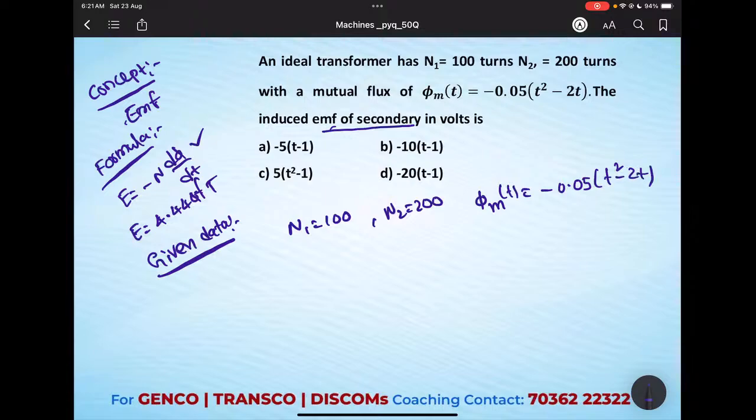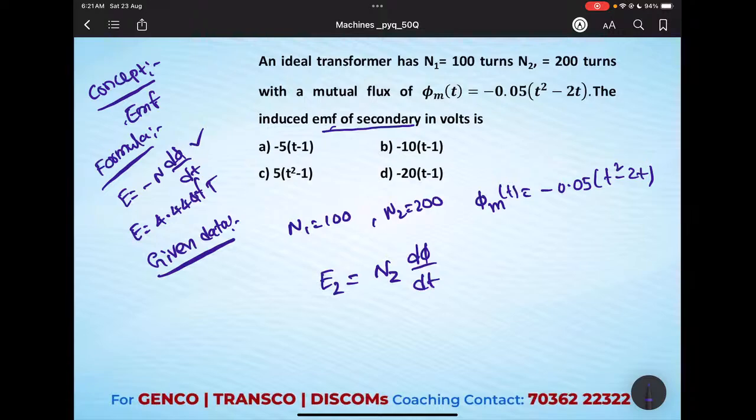In the question, they are asking either primary side or secondary side, and we need to be very clear about that. They are asking for EMF of the secondary side, so we are going to calculate E2. So we need to consider the secondary turns with d phi by dt.